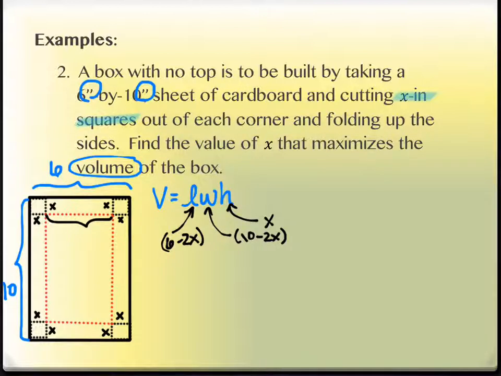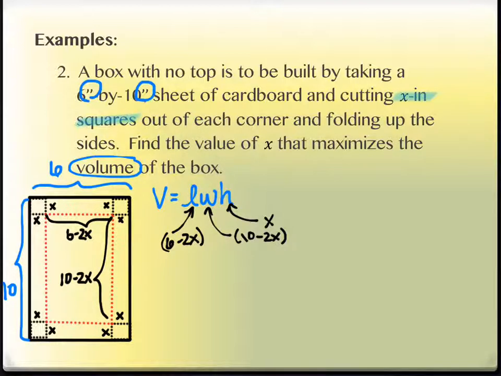But I've cut an x out of each corner, so I've got a little bit less on each side now by x. So this piece right here is 6 minus 2x, and it's 2x because I had 2 x's that are reduced by. And then this piece, of course, for the exact same reason, is the 10 minus 2x, right? Is everybody good with that? Okay.